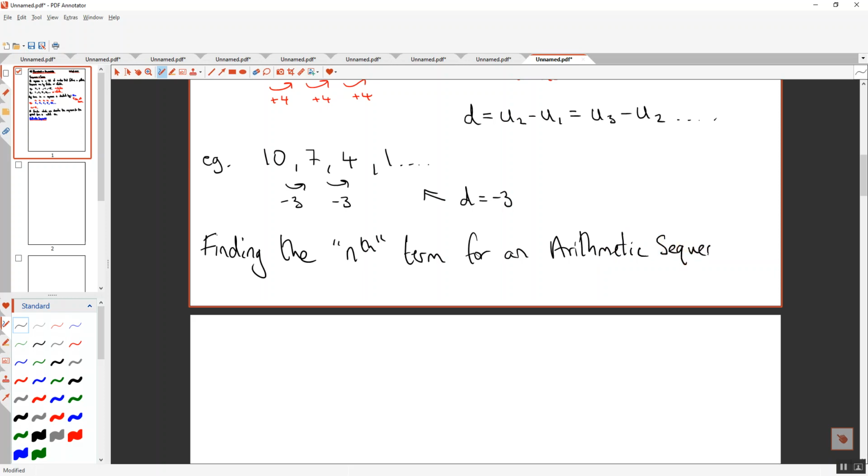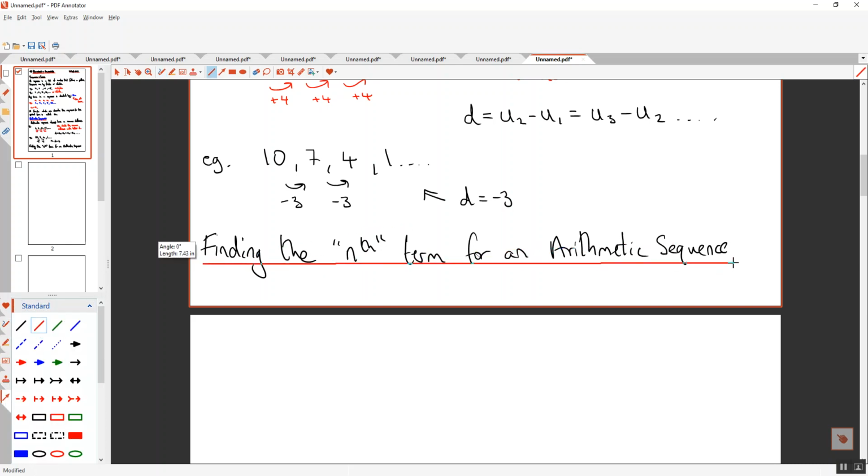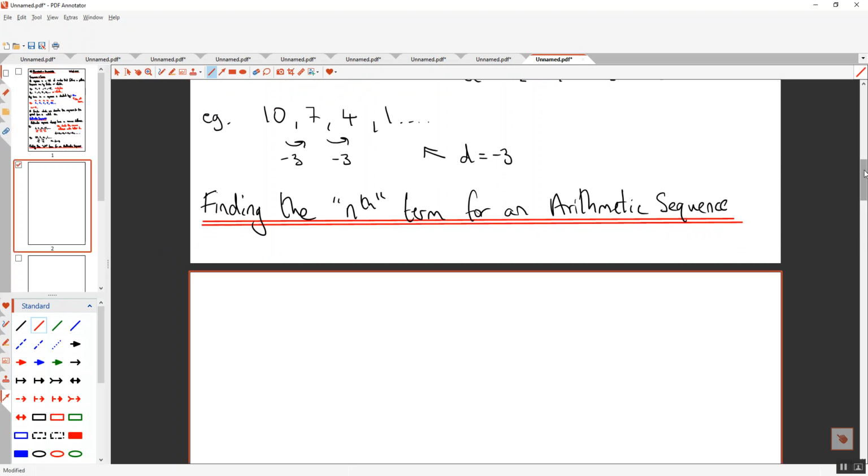So this is finding a formula. Now, I'll just put a line under this. Does anybody remember the formula from last year and how to do this? Yes, Sam? This is just what my reference is.